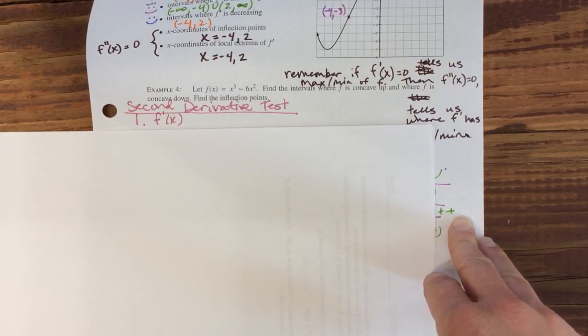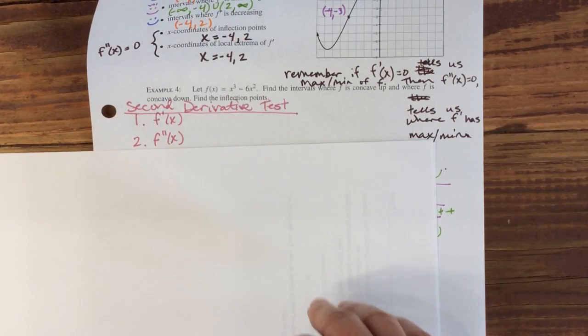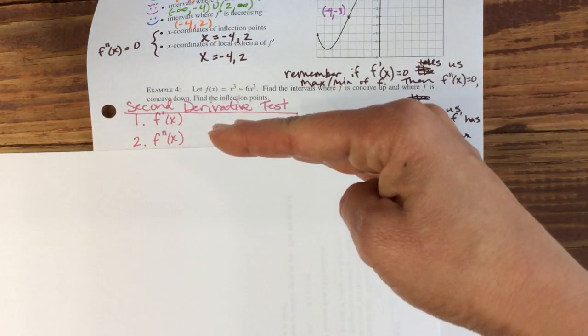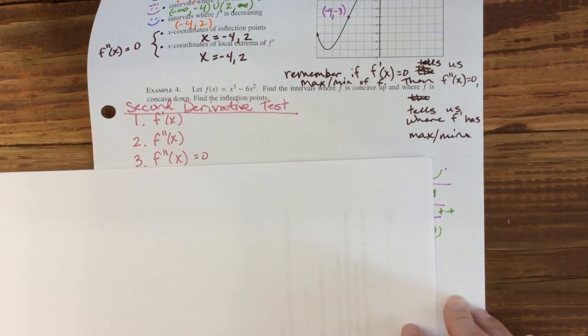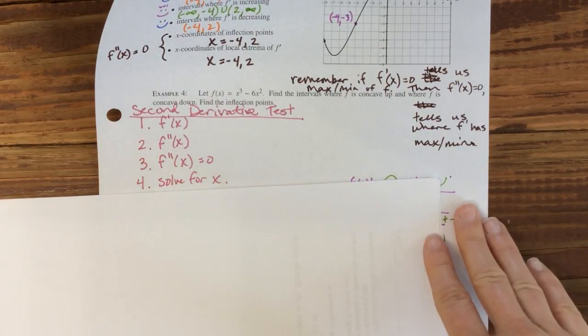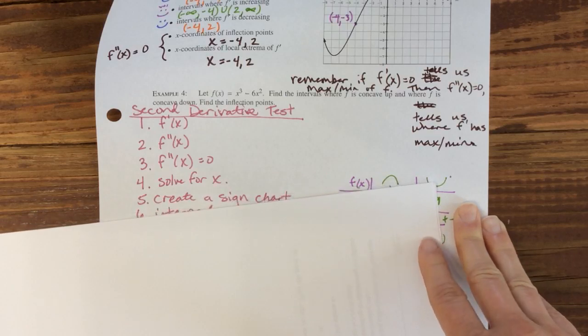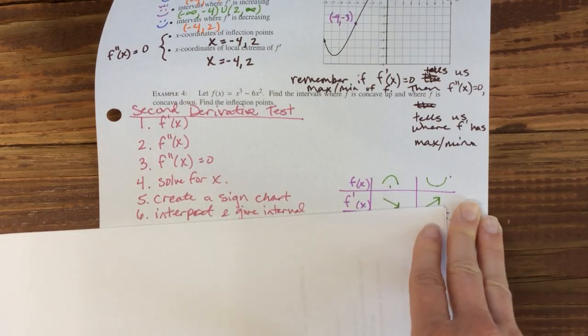First, we find the first derivative so that we can find the second derivative. Remember, you have to go f prime, f double prime. Then we set f double prime, the second derivative, equal to 0. Solve for x, create a sign chart, and then interpret and give the intervals. Give the results.